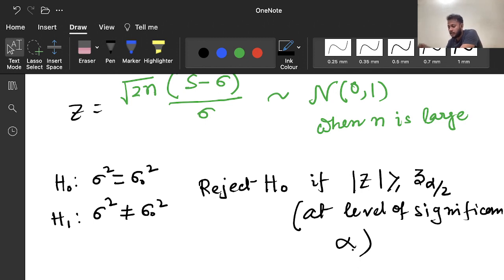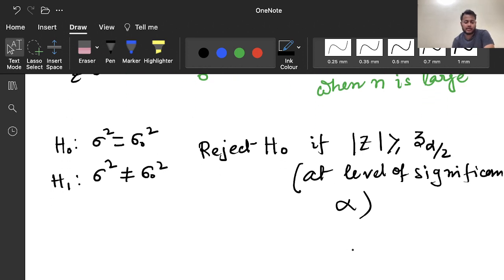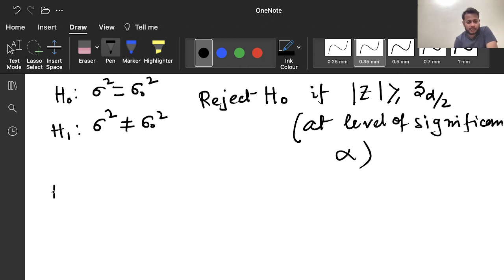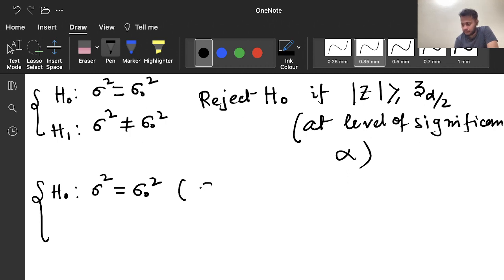And similarly, as we learned in the previous lecture, this is the two-sided hypothesis, and there are one-tailed or one-sided hypotheses. Two types of one-sided hypothesis are here. One is H0 sigma square equal to sigma 0 square and H1 sigma square greater than sigma 0 square.